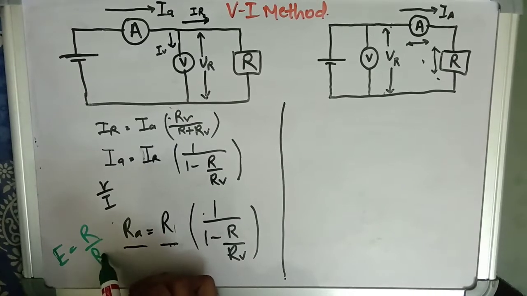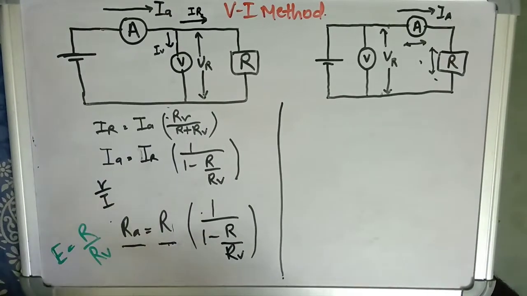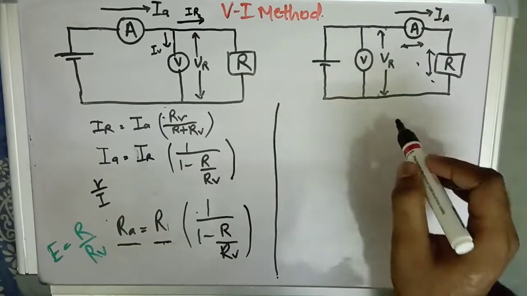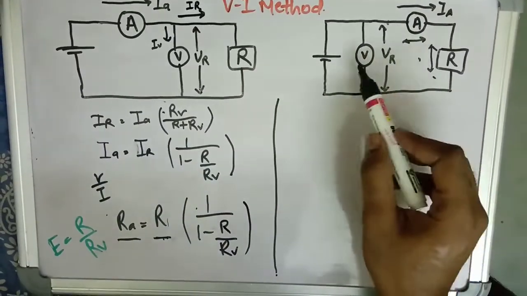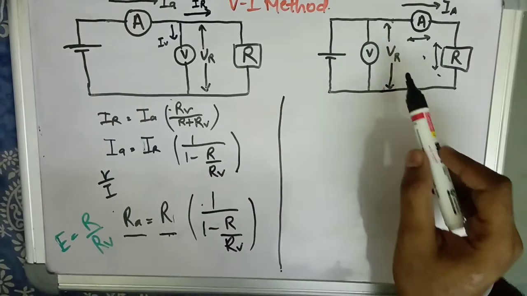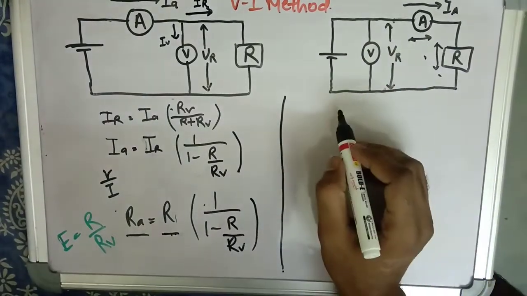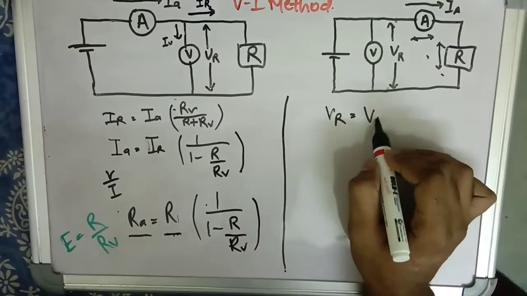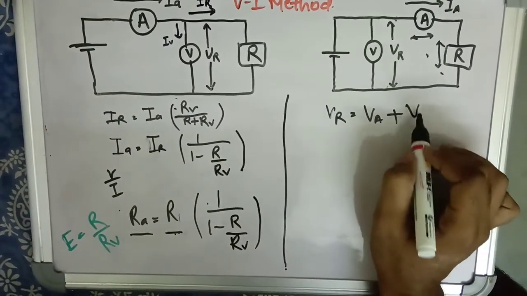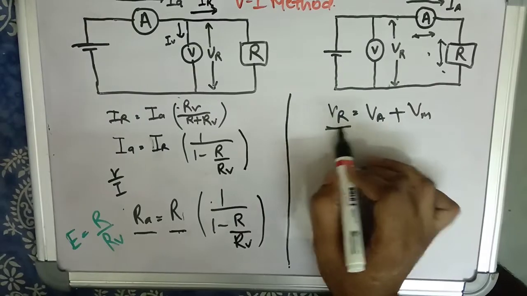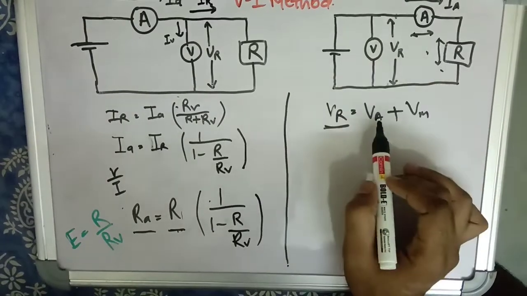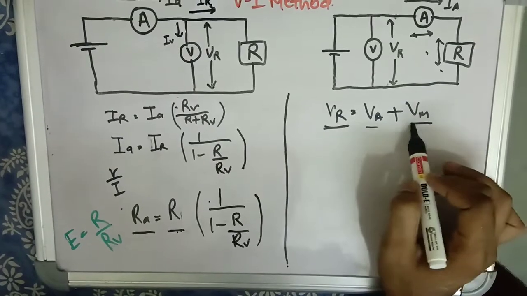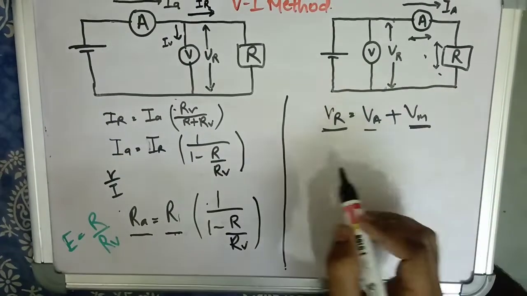Okay, so let us come to this method, where the voltmeter is placed ahead of the ammeter. From this method we find that VR is equal to VA plus VM. So the measured value through the voltmeter is equal to the voltage drop across the ammeter plus the voltage across the resistance to be measured.